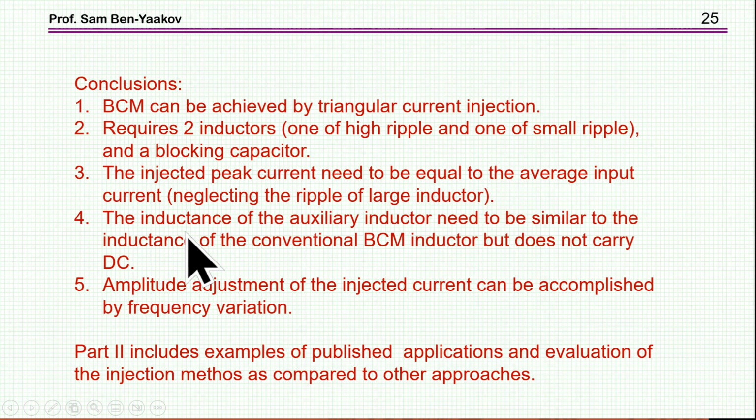And then the inductance of the auxiliary inductor needs to be similar, in fact, to the inductance of the conventional BCM, because they are seeing the same PWM waveform as I have shown, and therefore the operation is just about the same, except that in this case, of course, it does not carry the DC.